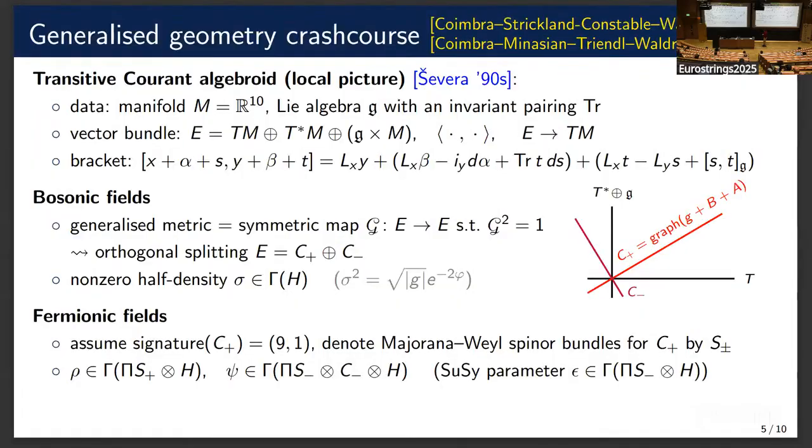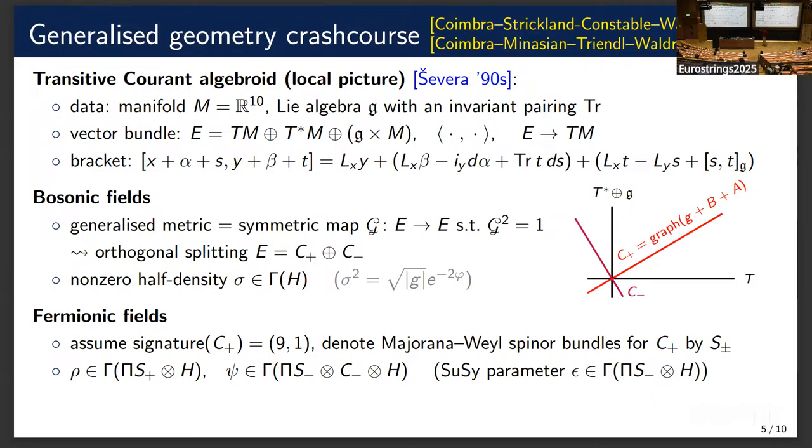Now the fermions are actually not much harder. If you assume that the signature is (9,1), the induced signature on this subbundle is (9,1), which is what you want for supergravity, and we define the Majorana-Weyl spinor bundles for this subbundle C plus, we call them S plus and S minus. Note that we will not use spinors for C minus, only spinors for C plus, because this is type 1 theory.